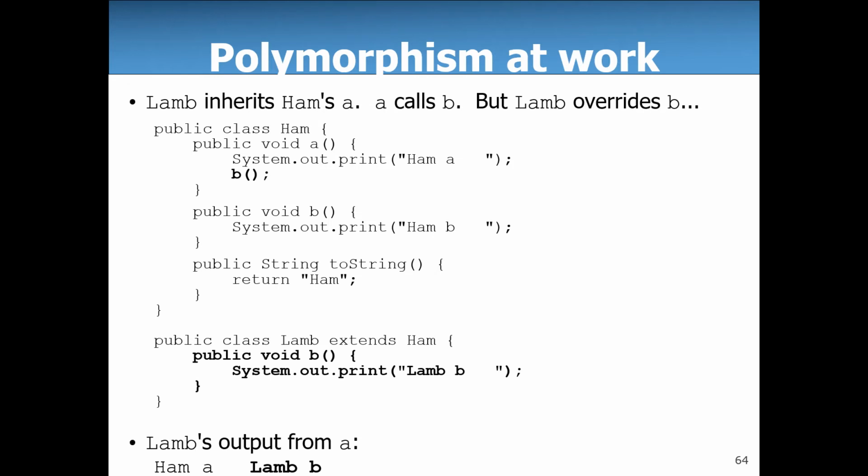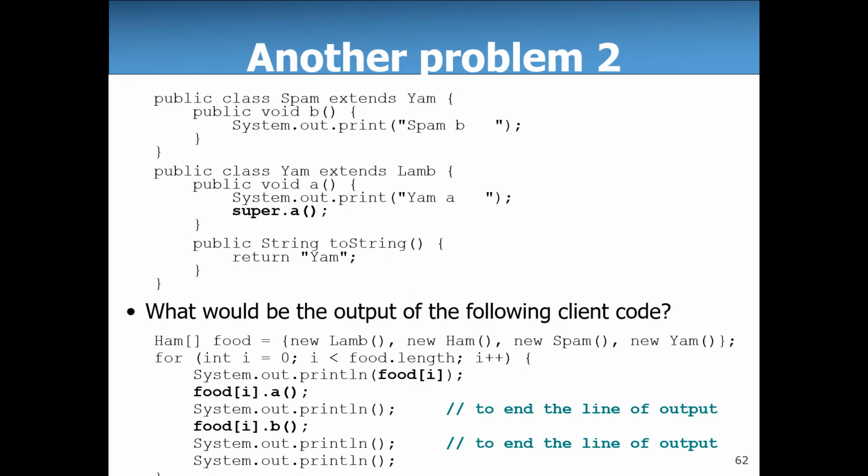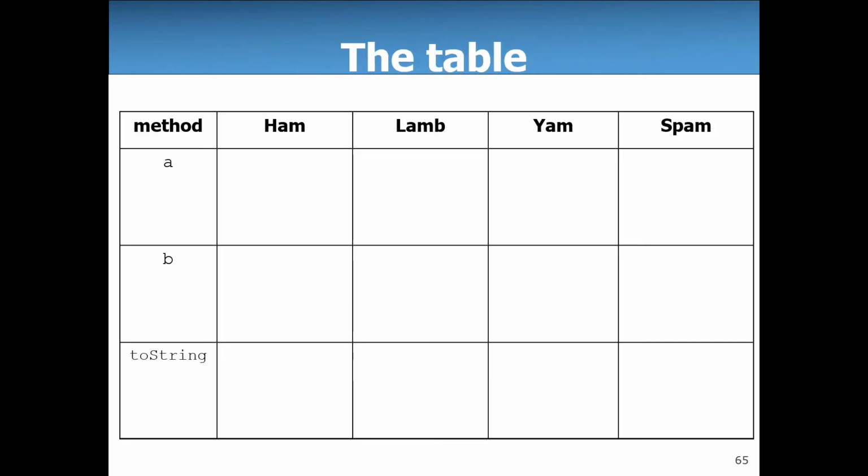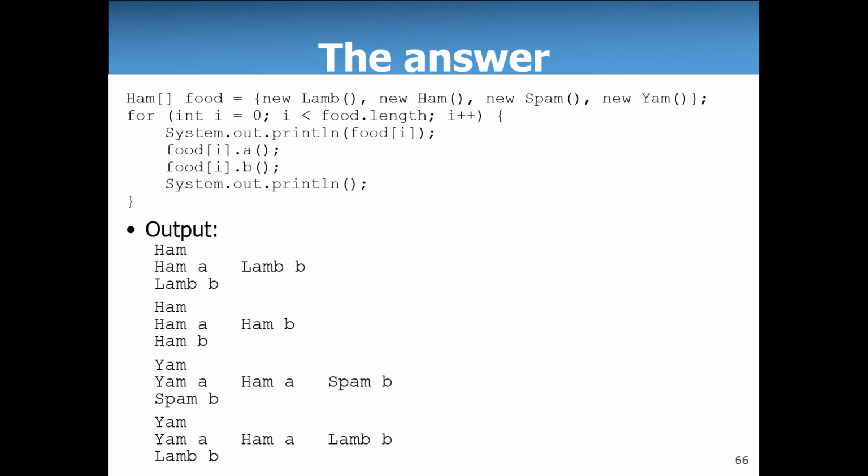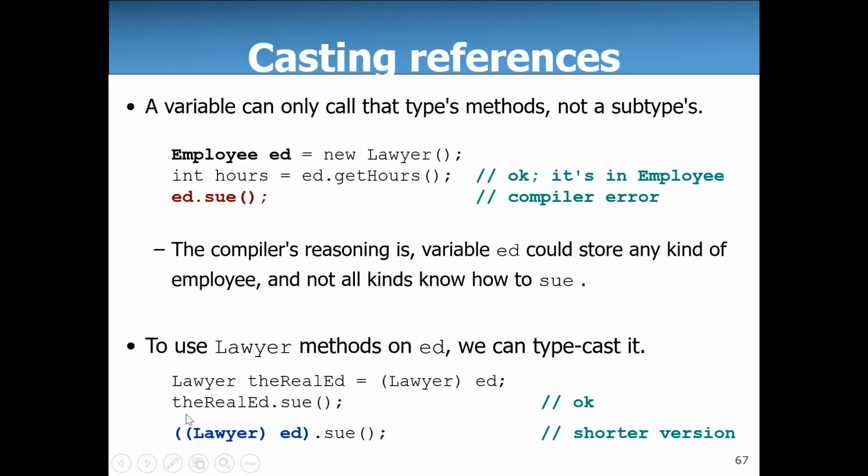Wait, was I working on spam or was I working on yam, not spam. Ugh. Okay, so for yam, it would be yam A. Sorry, it would be the fourth one I was working on. Yam A, ham A, lamb B. And then lamb B. And now with spam, we do have a method defined for B. So instead, we print out spam B here and spam B here.